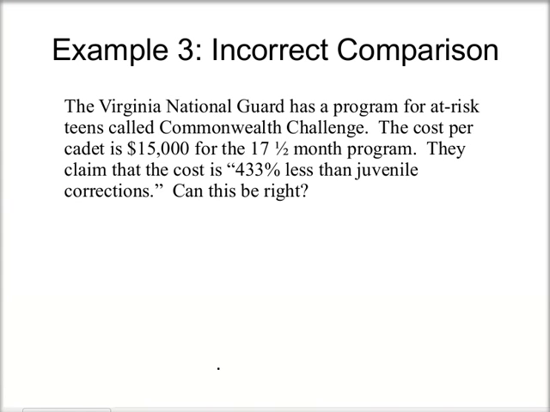Now let's look at an example of an incorrect comparison. The Virginia National Guard has a program for at-risk teens called Commonwealth Challenge. The cost per cadet is $15,000 for the 17-and-a-half-month program, and they claim that the cost is 433% less than juvenile corrections. Can this be right?